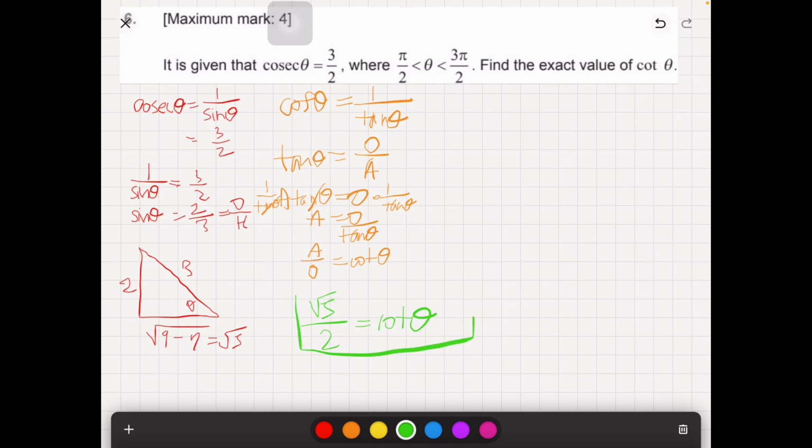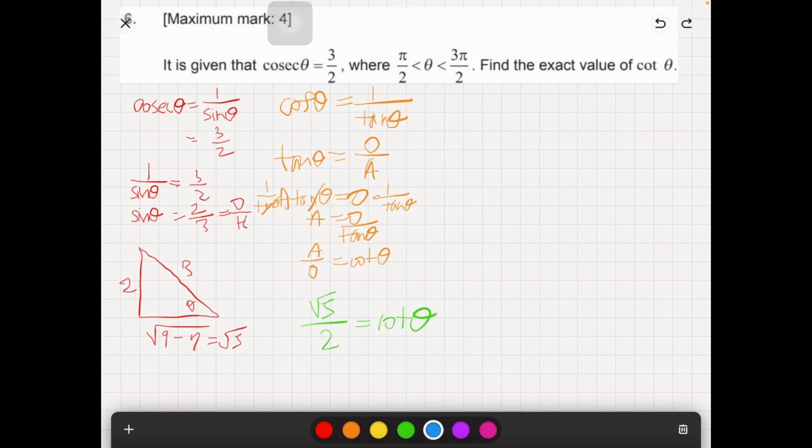And there you have it. We have found the exact value of cotangent theta. Well, actually not yet, because this is assuming that cotangent theta is positive in the domain given. But we don't actually know that.